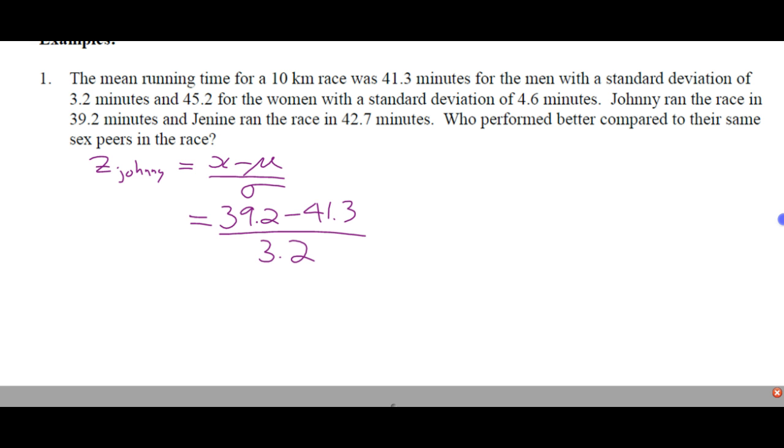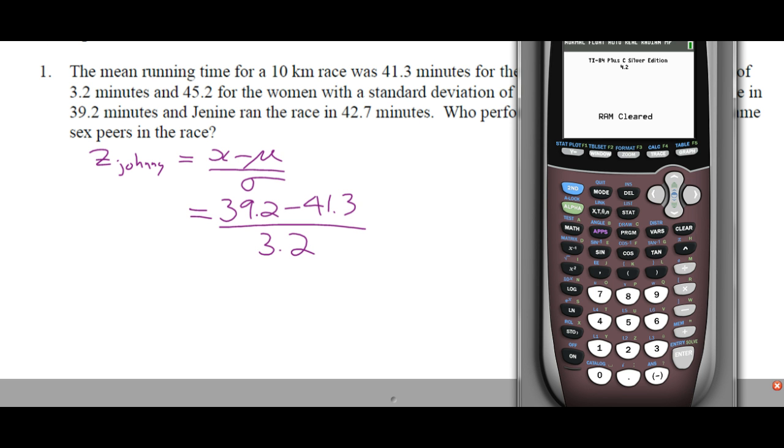Okay, so to do this, I'm just going to pause because we've got to get the calculator. Okay, so using your calculator, you need to put brackets around the top, right? Otherwise, you'll go 39.2 minus 41.3 divided by 3.2. It'll do the division first and then the subtraction, right? And you'll end up with, let's do it wrong first, a really weird number.